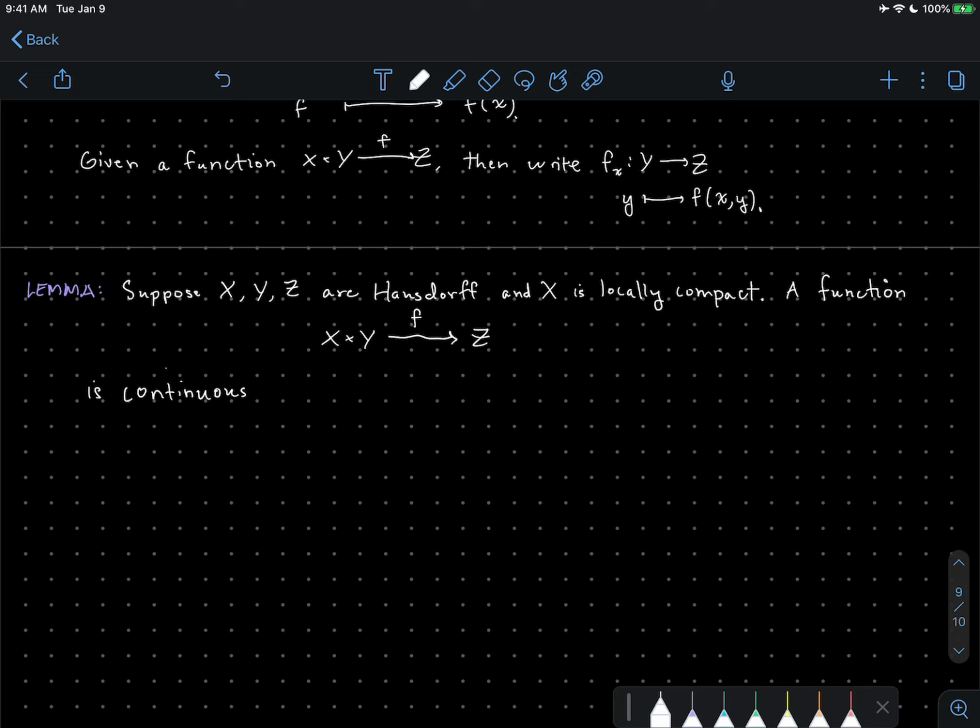Okay, so this function f is continuous if and only if two things hold. First of all, for each little x in X, the function f sub x is continuous.